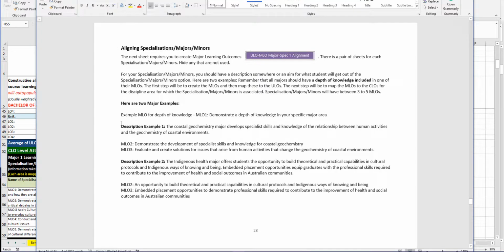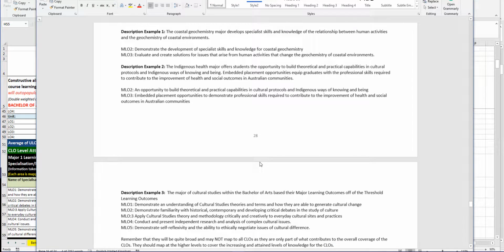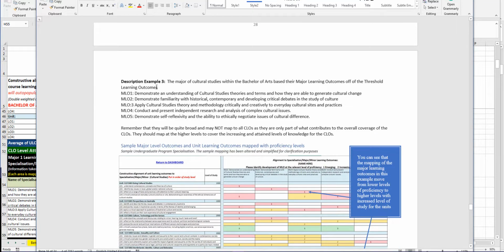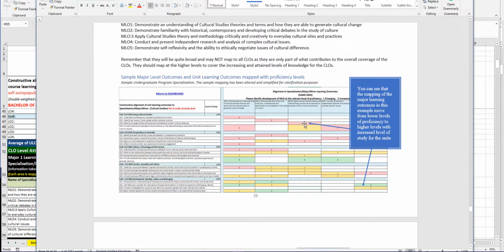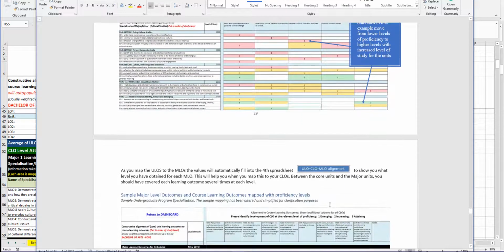And so here are descriptions or examples of how you can create your major learning outcomes. Like I said, they can come from threshold learning outcomes or from your actual aims. And so here's the one that we used, which was based on the threshold learning outcomes. And again, you can see that the mapping, you have 1s, 2s, 3s, it's increasing with the level of complexity of the units they're taking.